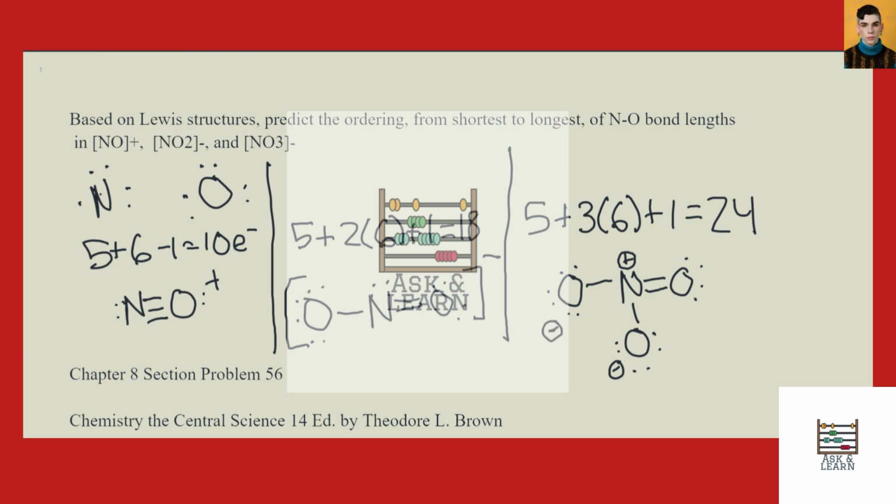And so if I count all of the electrons, there's 24 of them. 2, 4, 6, 8, 10, 12, 14, 16, 18, 20, 22, and 24.